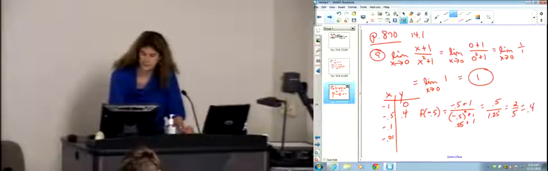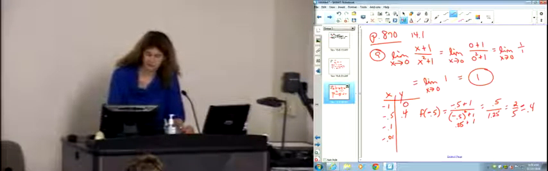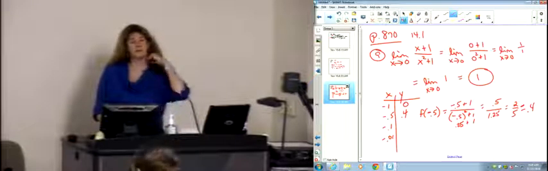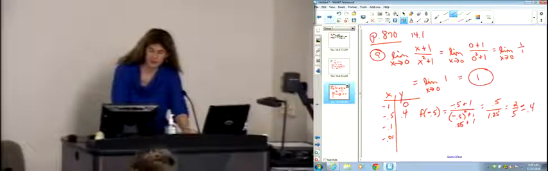Let's change that. And then if we put in the -0.1, what do you get when you put in -0.1? I'll let somebody figure that one up for us, just to see that this value is getting close to 1 here as we come in towards 0 from the left.